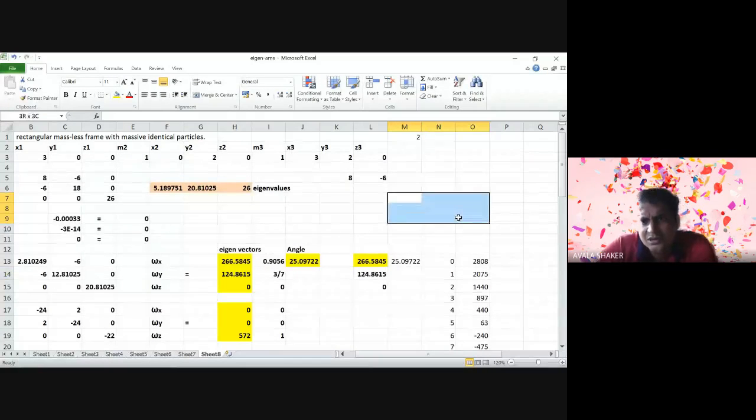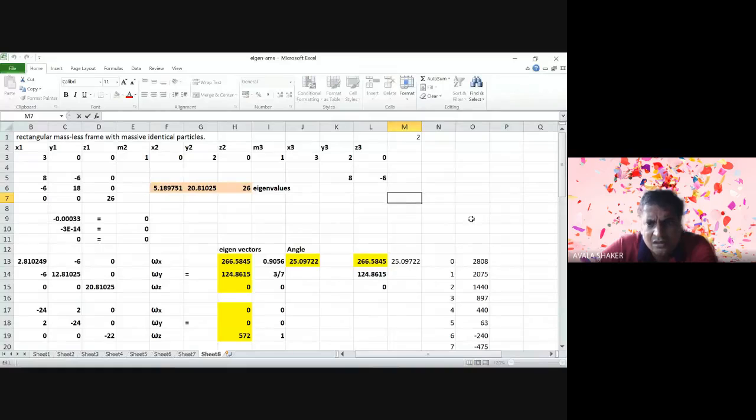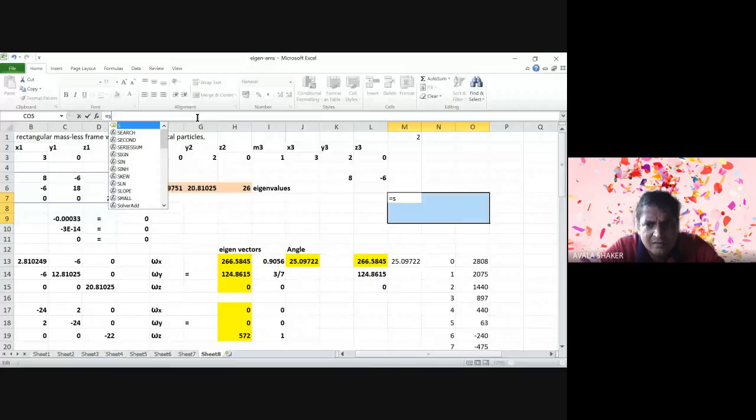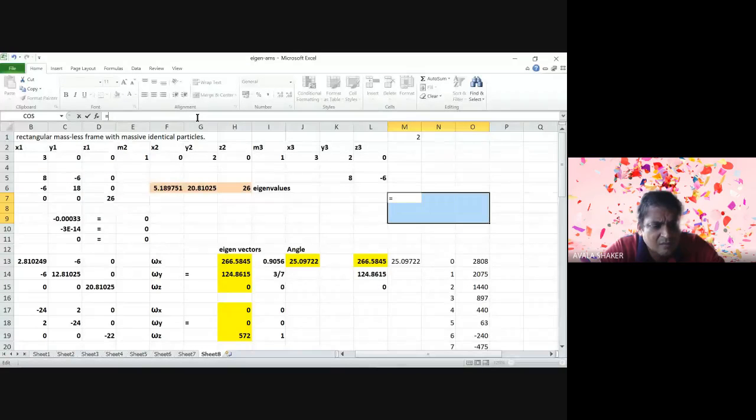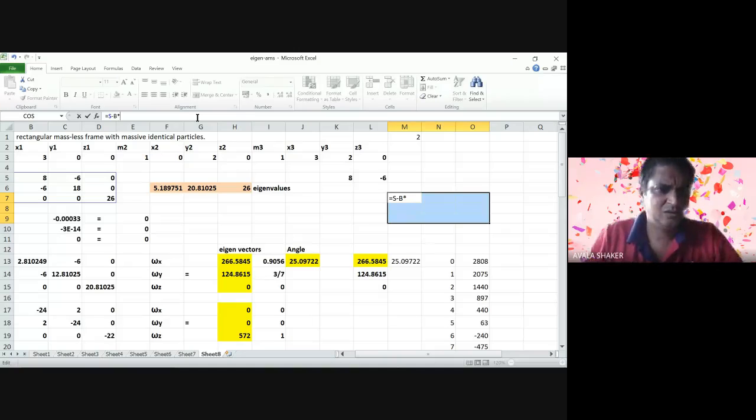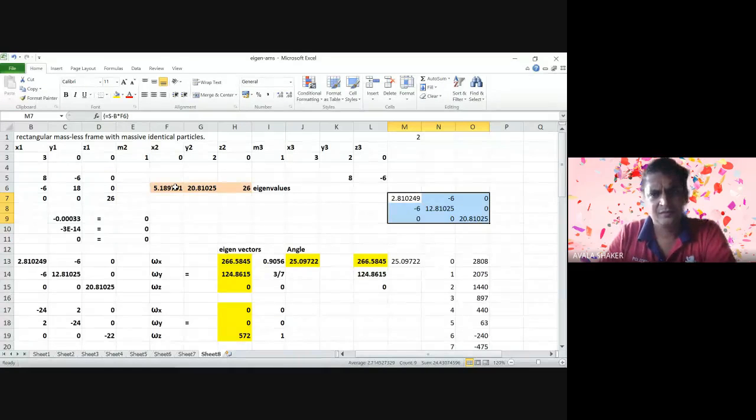You choose the three cells equal to whatever is the matrix. In our case, it is S. S minus my identity matrix is B, multiplied by this value. Control Shift Enter. Yeah, I got it.